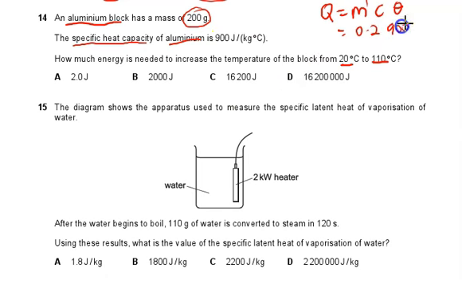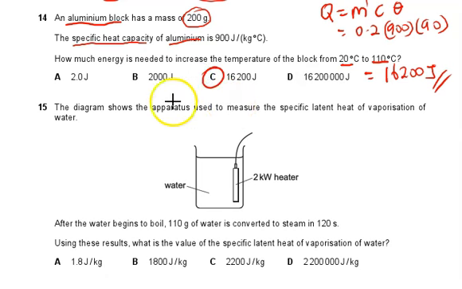This c is 900, and the temperature change here is about 90. So which will give you about 16,200 joule. Okay, which is C as your answer.